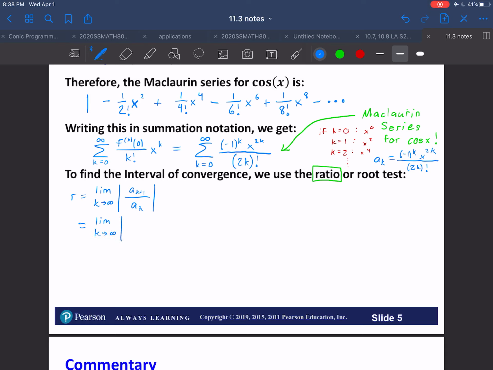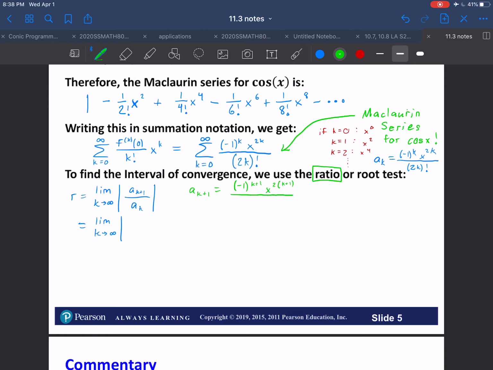So, a_(k+1) is not a super trivial calculation. Let's think about it. For a_(k+1), we just substitute a k plus 1 every time we see a k. So we get negative 1 to the k plus 1 times x to the 2, and in parentheses we're going to write k plus 1. It's very important.